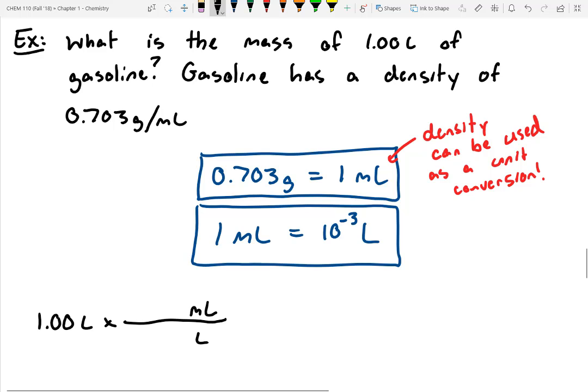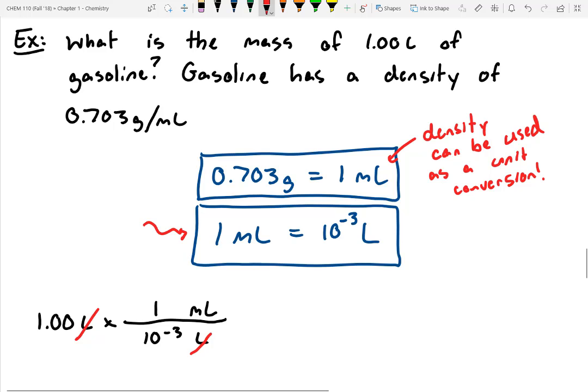So I'll put milliliters on top. That's this unit conversion down on the bottom, right? So will 10 to the negative 3 go on the top or the bottom? On the bottom, it's paired with the liter unit. So I'll say, all right, 10 to the negative 3 liters for every 1 milliliter. So now we've gone ahead and we've canceled out liters and used that lower unit conversion.